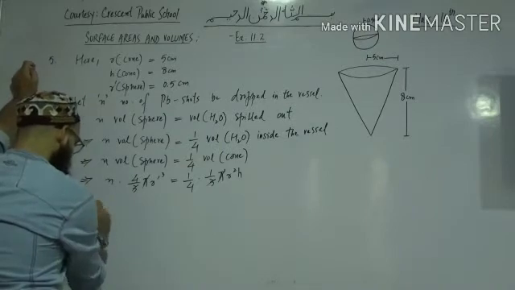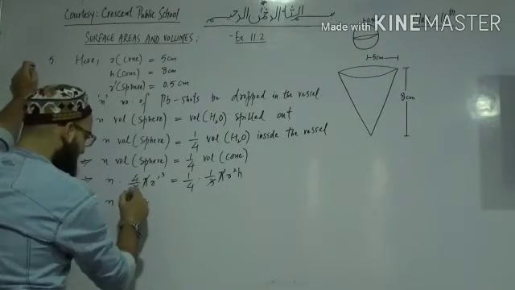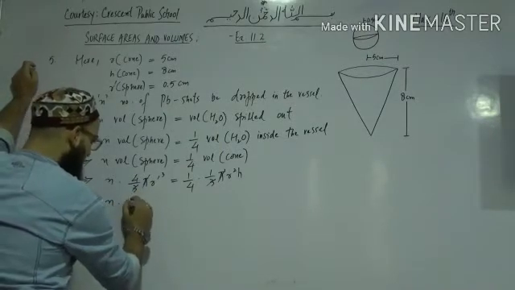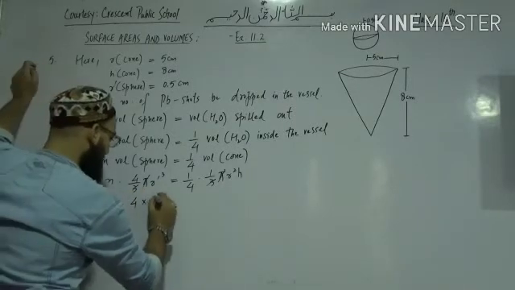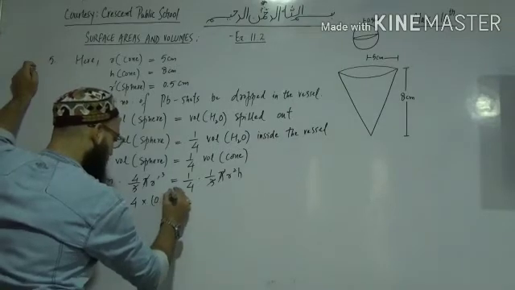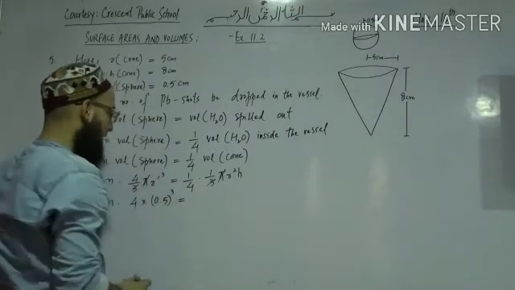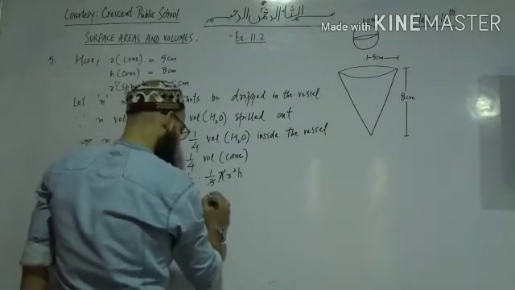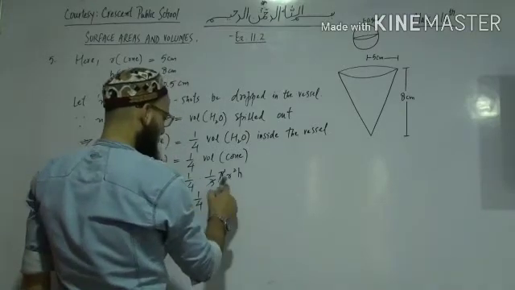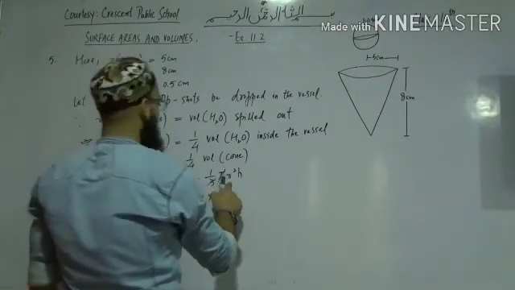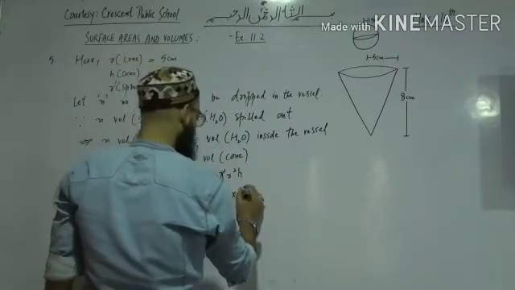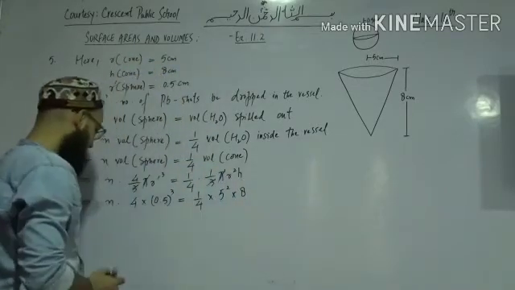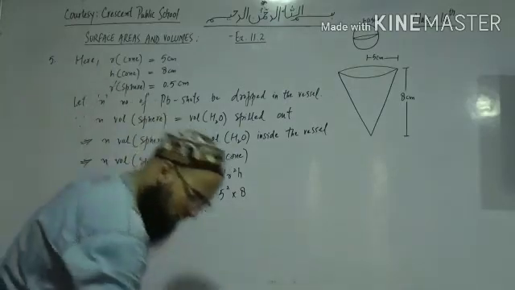Now you can substitute the values. n times 4 times r dash is 0.5, so it's 0.5 cube. Then I have 1/4 times r is 5 square times h is 8. It's like this. Now I can solve this.